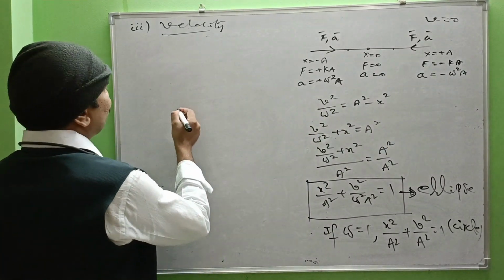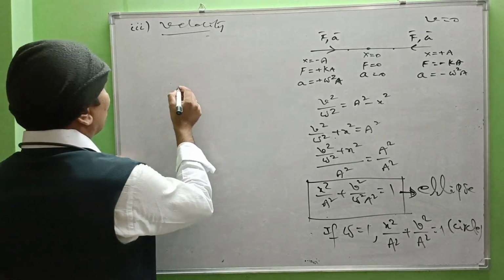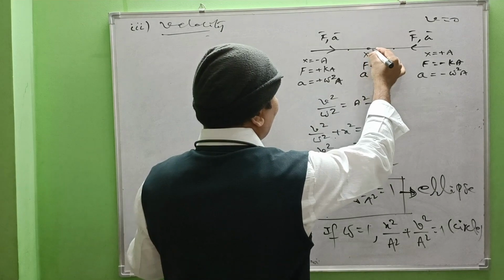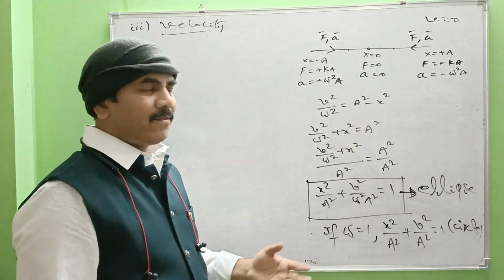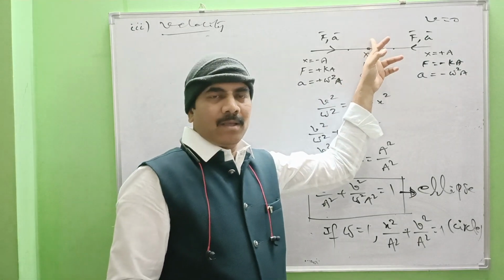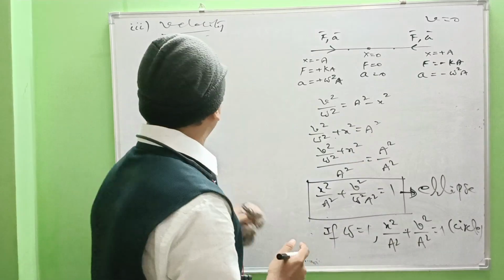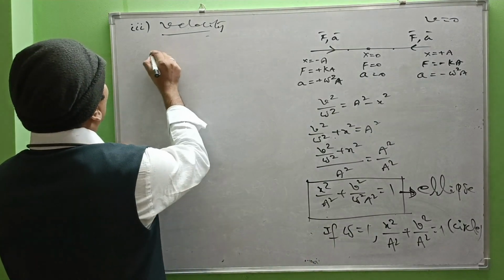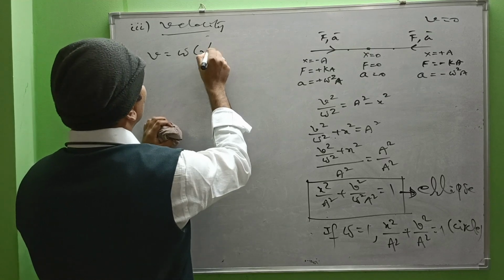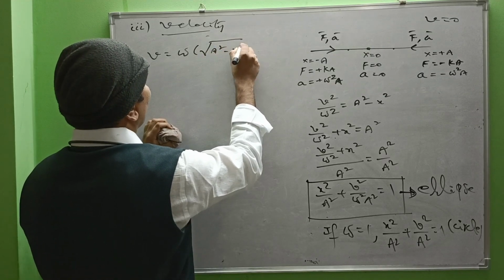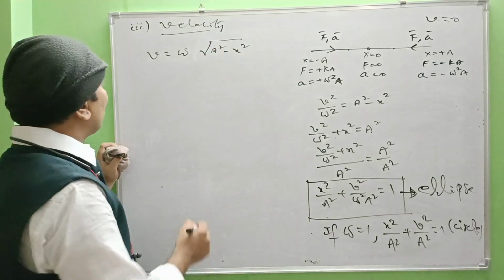See how it varies. Suppose the particle lies at x equal to 0, that is, at the mean position. What is the speed of the particle? Omega into a. Why? Because we know that v equal to omega into root over a square minus x square.